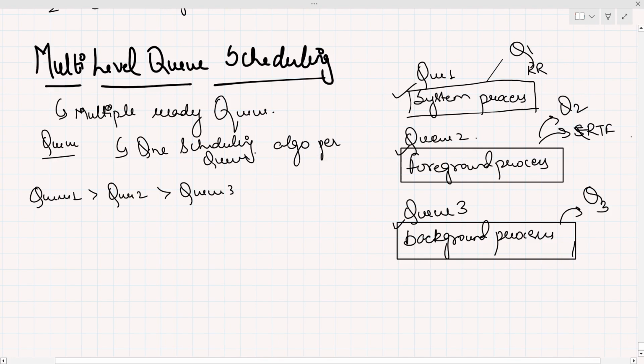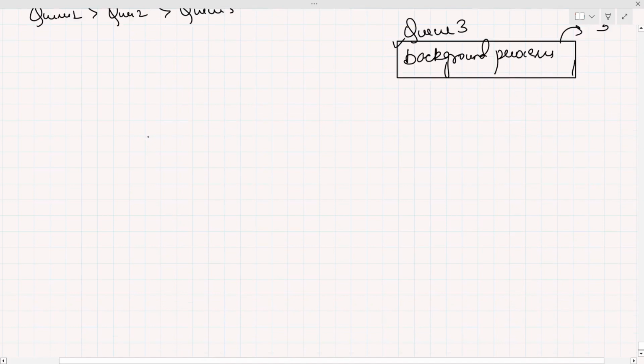It means if Q1 is performing round robin, it always performs round robin till the completion, the termination, of all the processes. It cannot switch the scheduling algorithm, using RR for some time, SJF for some time, and something different at other times. This does not happen in multi-level queue scheduling. So this is what happens in multi-level queue scheduling.